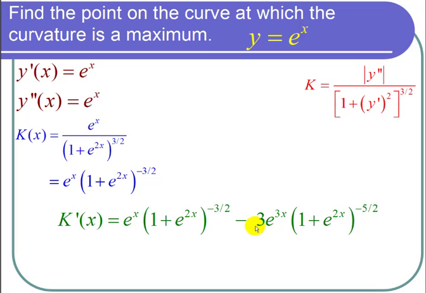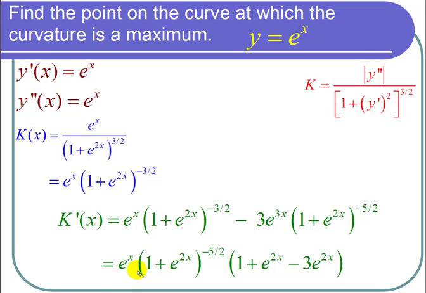So there's my derivative. I can simplify this by factoring. I can factor out an e to the x. I can also factor out a 1 plus e to the 2x, all to the negative 5/2 power. That'll help me out here. So I have my e to the x, the 1 plus e to the 2x to the negative 5/2 power, and when I pull a 1 plus e to the 2x to the negative 5/2 power out of 1 plus e to the 2x to the negative 3/2 power, I'm just left with a 1 plus e to the 2x to the 1 power, or 1 plus e to the 2x.